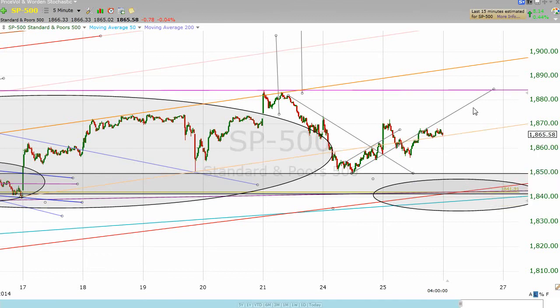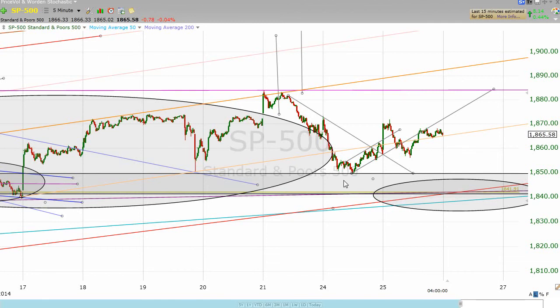I mentioned yesterday that we made this a little lighter, because the way we went through it yesterday made me feel as if this line maybe was not as important as I thought. Probably what is more important in the way of support is down here, somewhere between 1840 and 1850. And again, that's a little fuzzy.